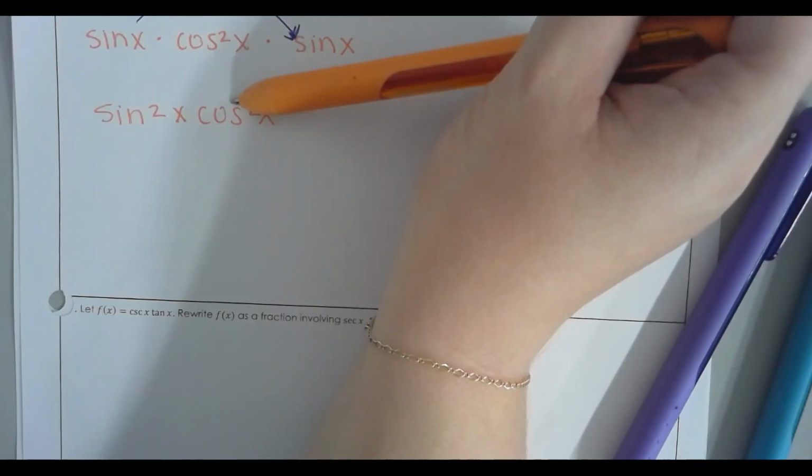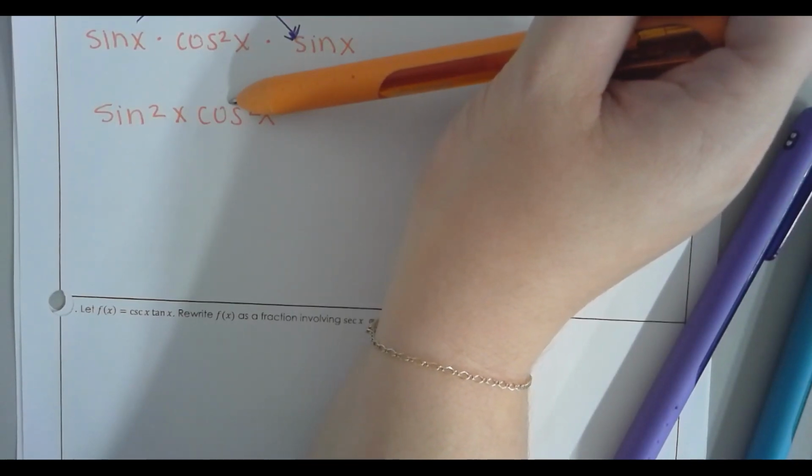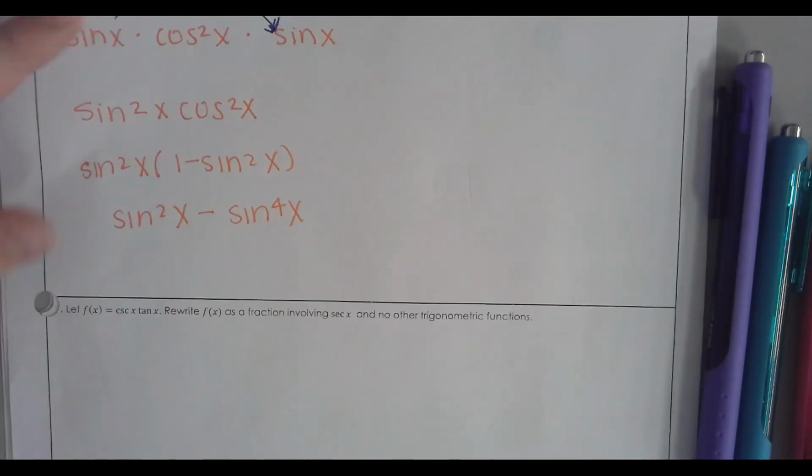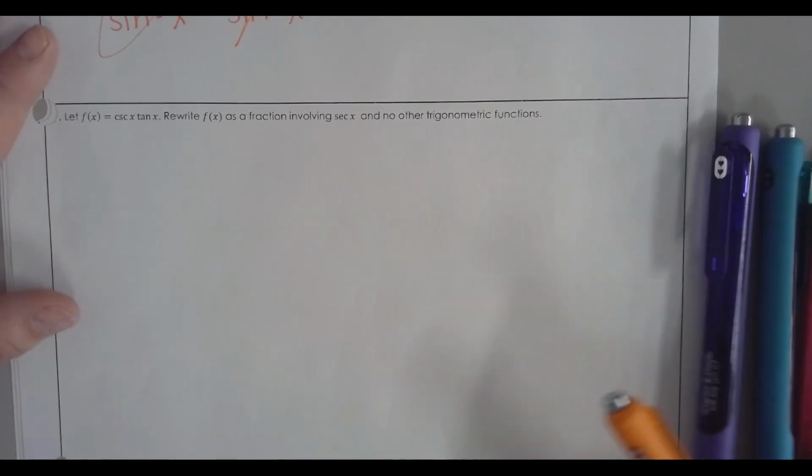That would just give me sine to the 4th. I looked up trig solvers, calculators. I don't think we can do this one. I think that's either an identity that I don't know, or I just miswrote it.